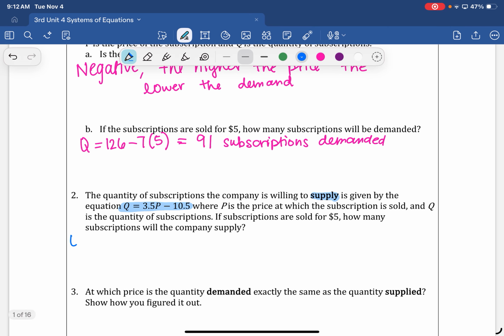Plug it in. So we get Q equals 3.5 times 5 minus 10.5. What does that equal? So 7 subscriptions supplied.